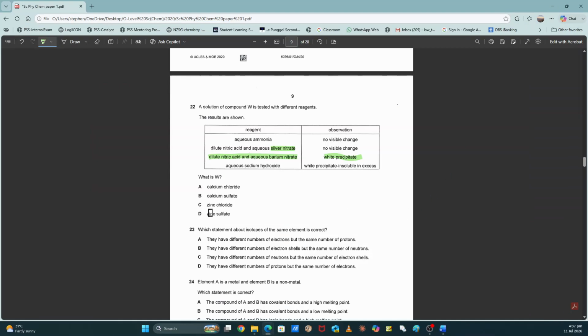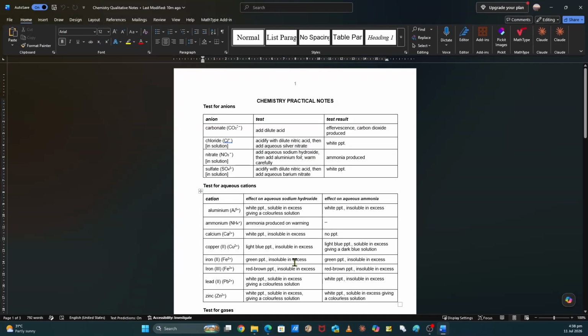Okay, let's look at the zinc. With aqueous ammonia, there's no visible change, and white PPT that's insoluble in excess. So let us see. Sodium chloride here, right?